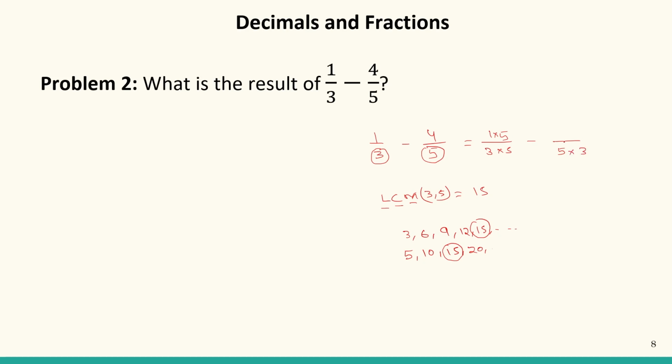In order to equalize the fraction, we need to multiply the numerator by the same number, that is by 3. What we had was 4, so 12. So what we have right now is 5 by 15 minus 12 by 15. What it gives us is minus 7 by 15. This is the answer.